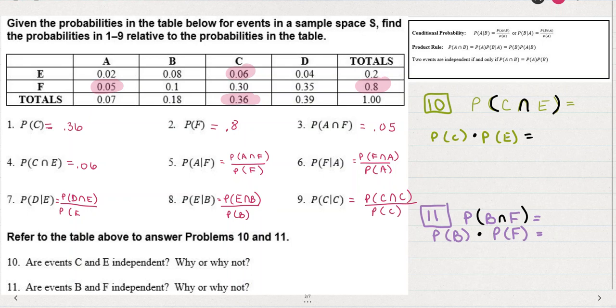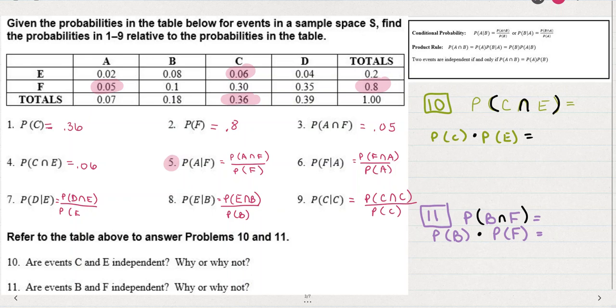Let's use these values now to look at some conditional probability. That's this number 5 is where we'll start. What's the probability that event A occurs given that the event F has already occurred?